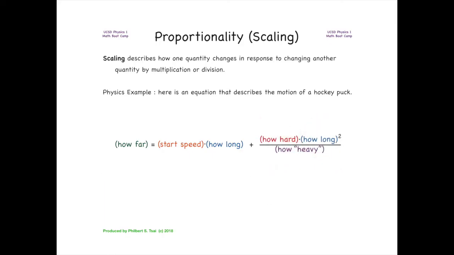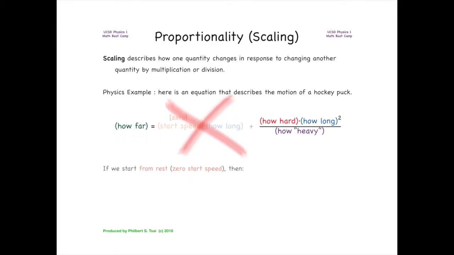Let's consider a different limiting case where the puck starts with 0 velocity, that is, it's at rest, but we do push on it. So if we start from rest, then if we push twice as hard, but leave everything else the same, so that how long we observe it for and how long we push it for doesn't change between experiments, and how heavy the puck is doesn't change.